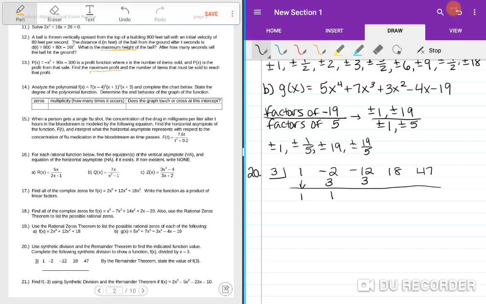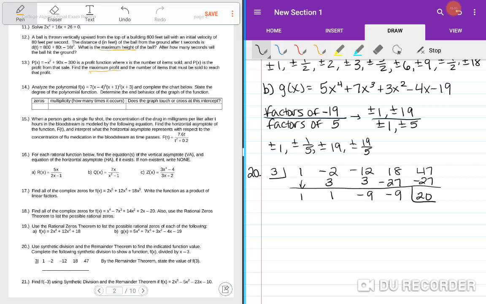Negative 12 plus 3 is negative 9. Times 3, negative 27, plus 18 is negative 9. Times 3 is negative 27, plus 47 is 20.